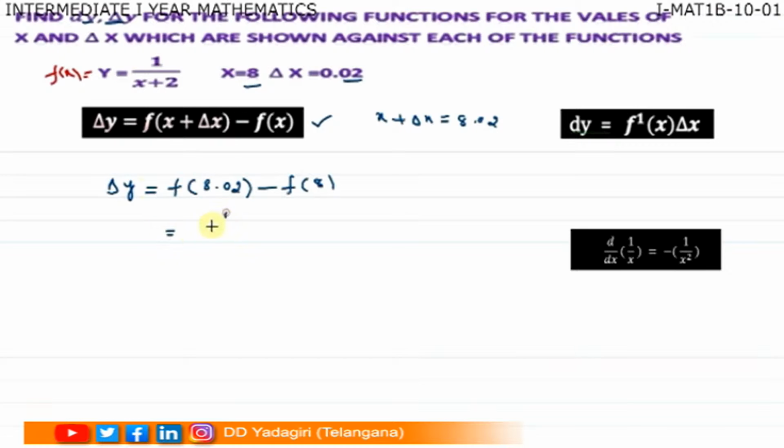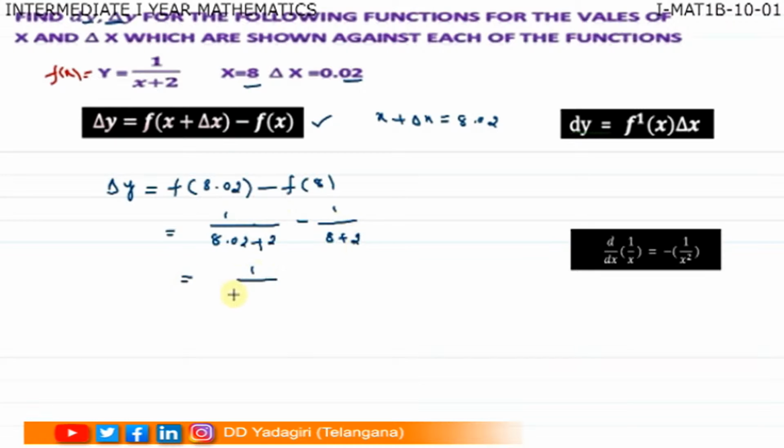On substitution, you will get 1 by 8.02 plus 2 minus 1 by 8 plus 2.